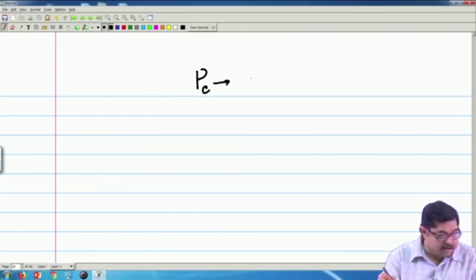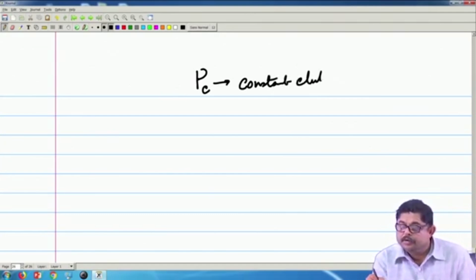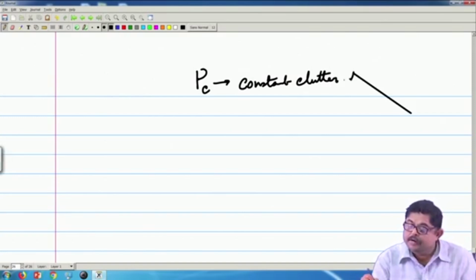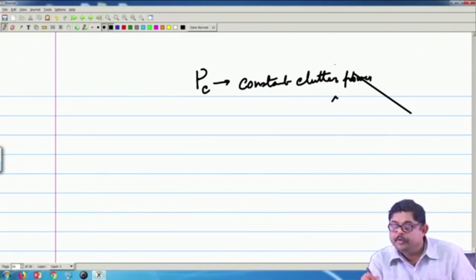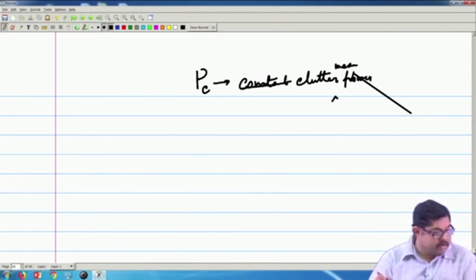PC is the constant clutter mean power, that is PC.